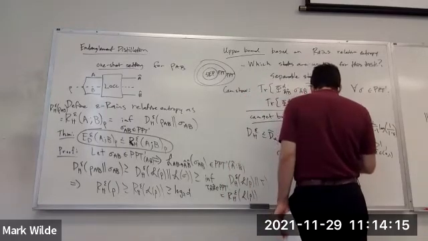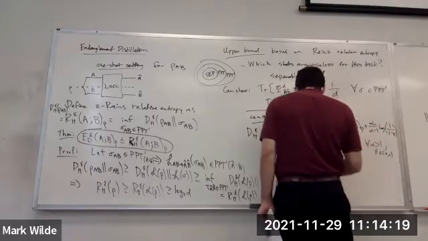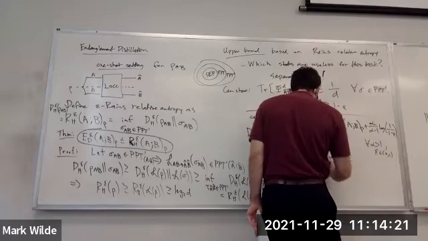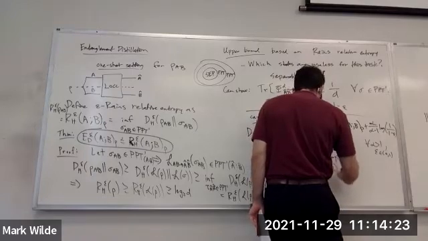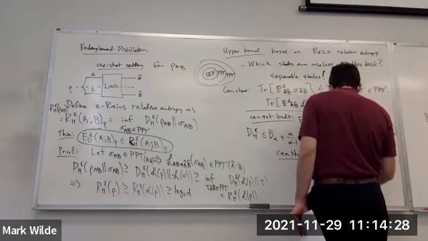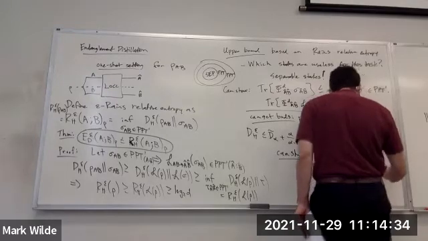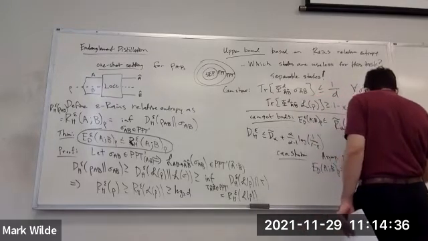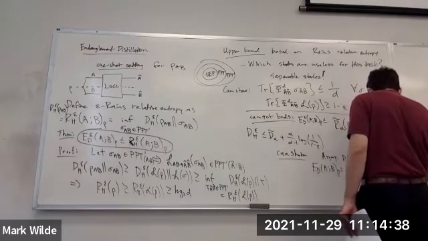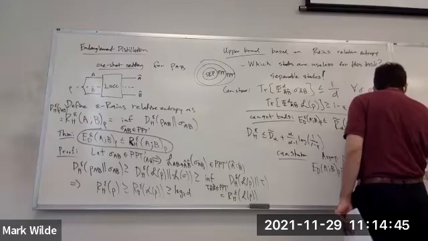But there's the asymptotic distillable entanglement, and this you define as a limit. We take the same kind of thing, and you evaluate for a tensor power state.